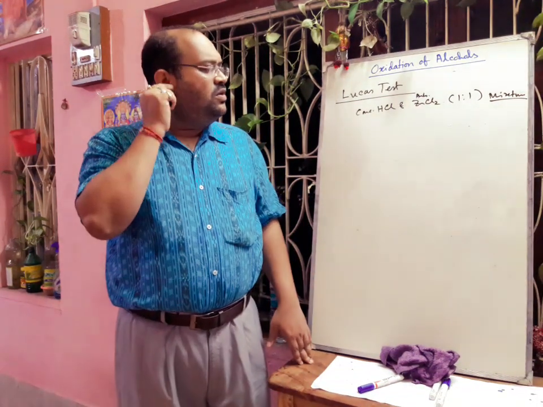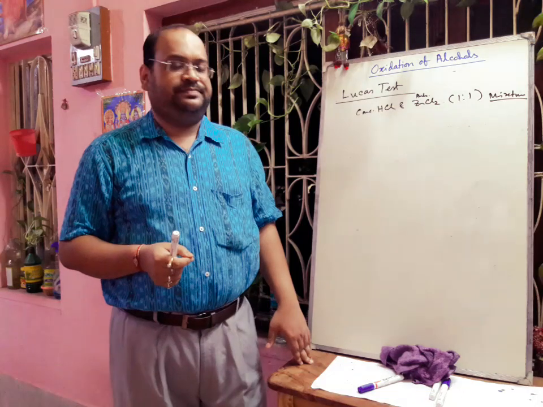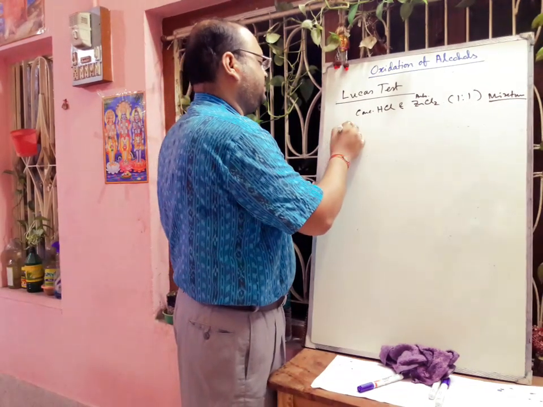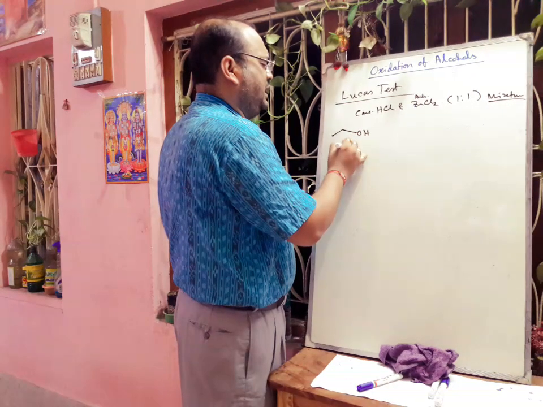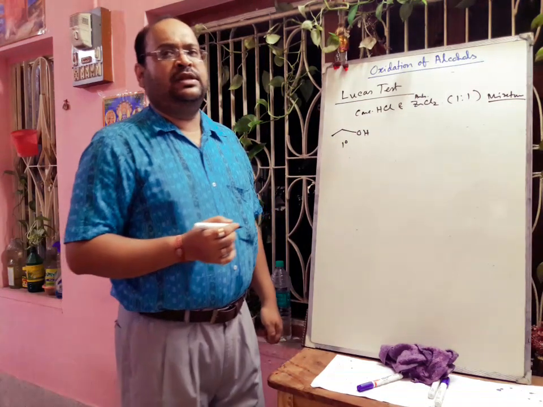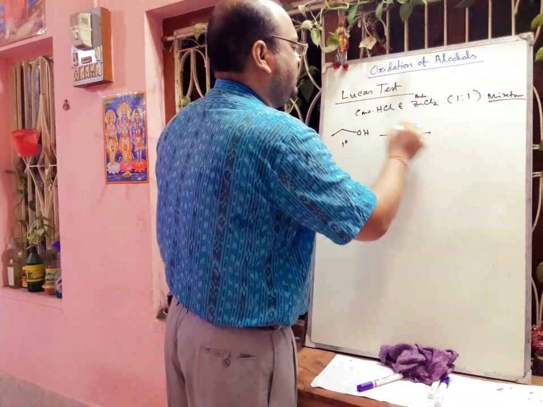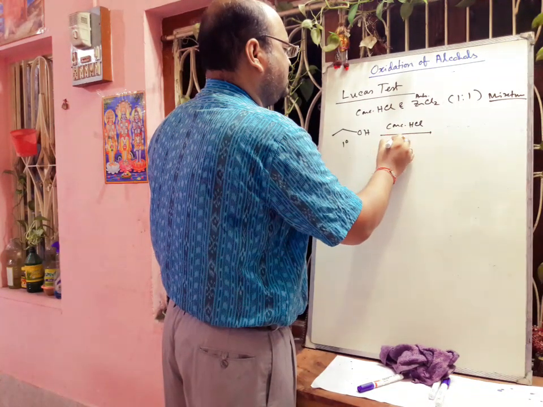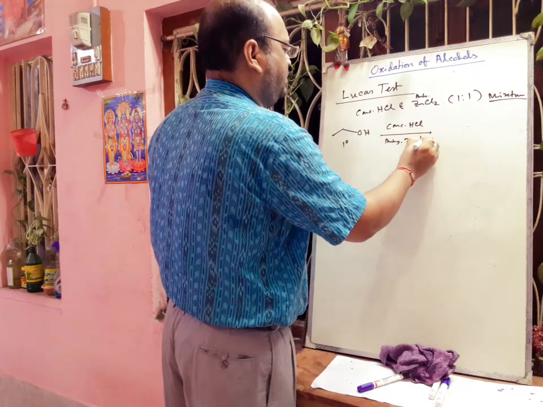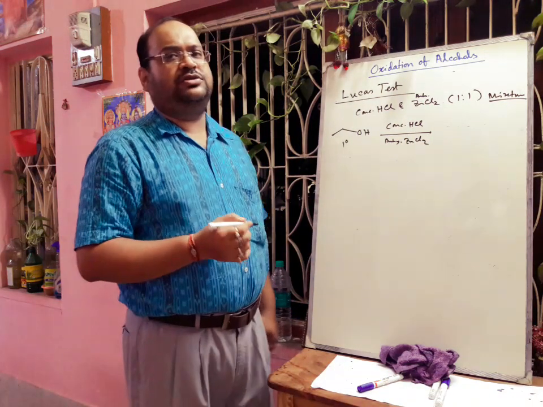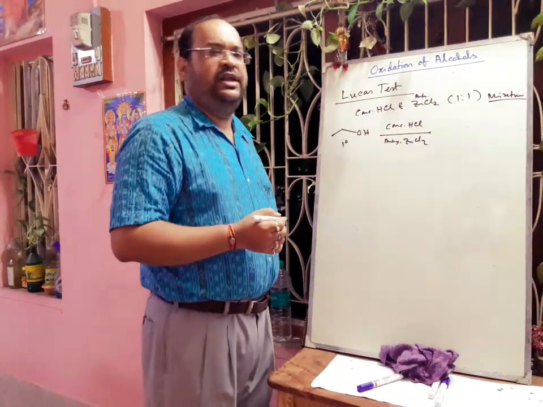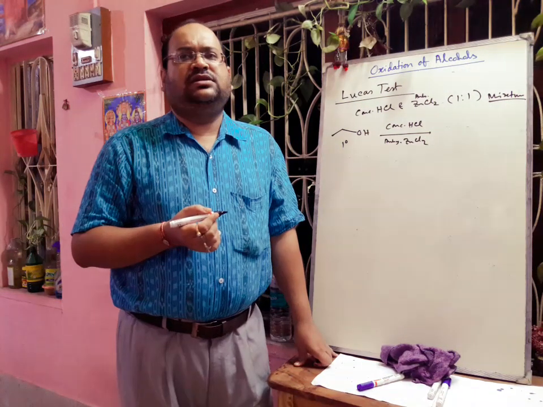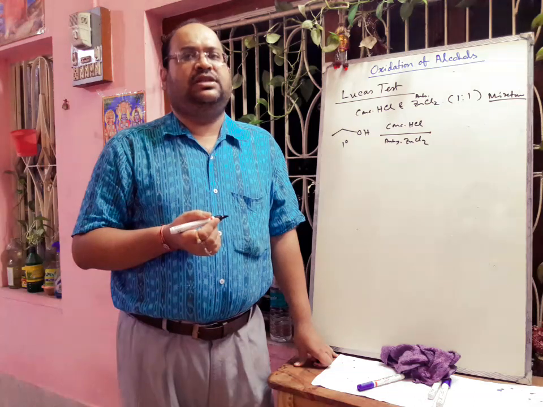Now if we take primary alcohol, this is 1 degree alcohol, and give concentrated HCl and anhydrous zinc chloride, that will produce the corresponding chloride, but we need a drastic condition.